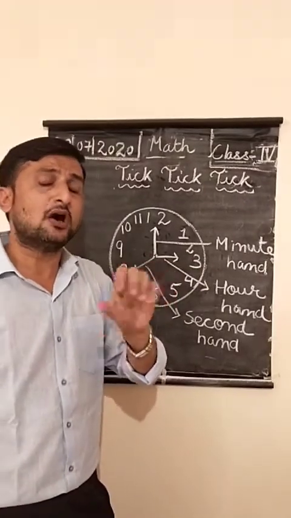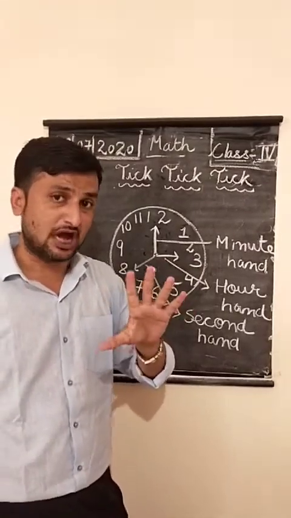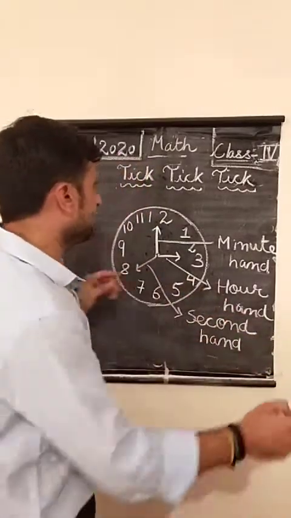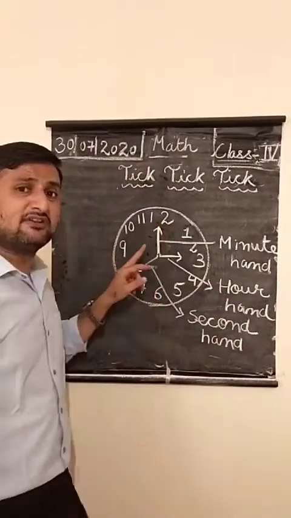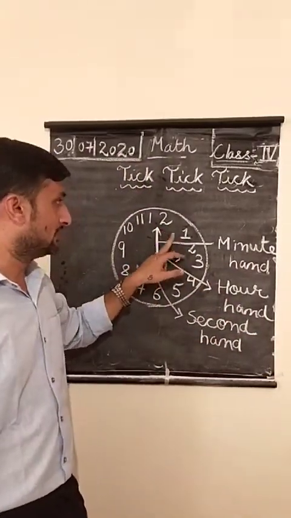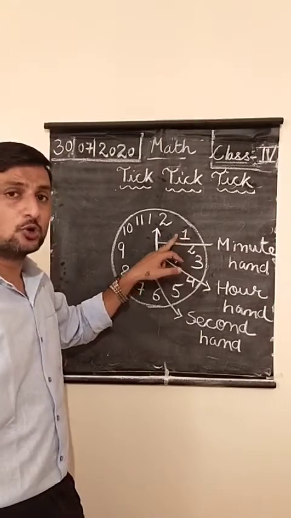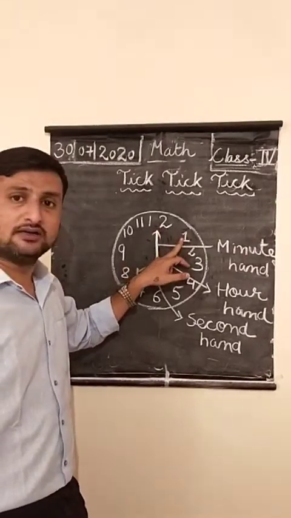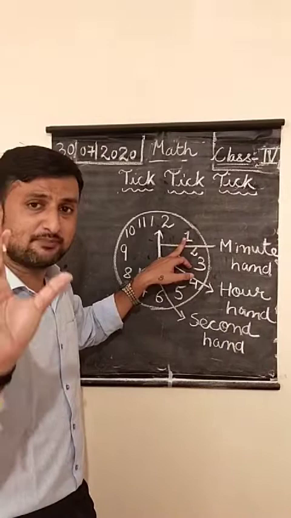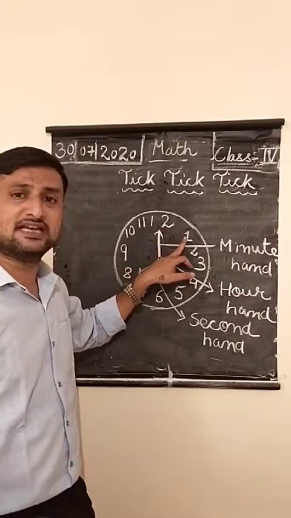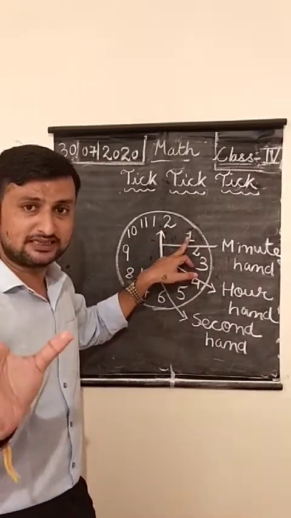Okay, now how we have to count, how we will count. See here, our minute hand will start from 12. It will go to 1. So from 12 to 1 there are 5 minutes. 12 से 1 तक जाने के लिए उसको 5 मिनट लगते हैं.